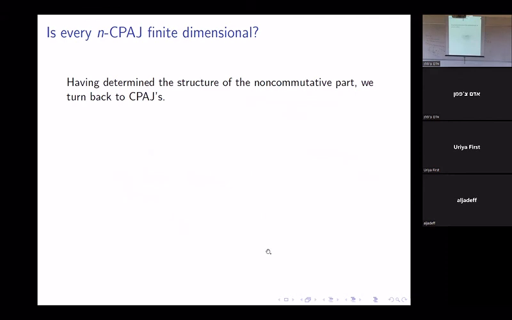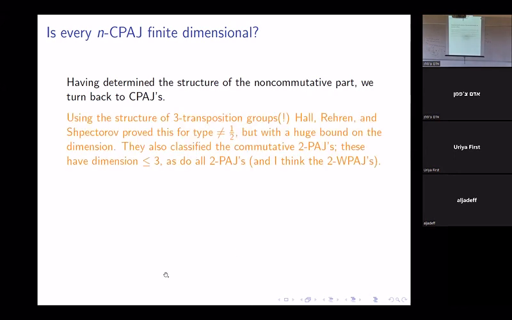And the last question is, what about finite dimensionality? Any two-generated axial algebra of Jordan type has dimension 3. That's pretty low. What about a 3-generated axial algebra? Well, that was open for a long time.